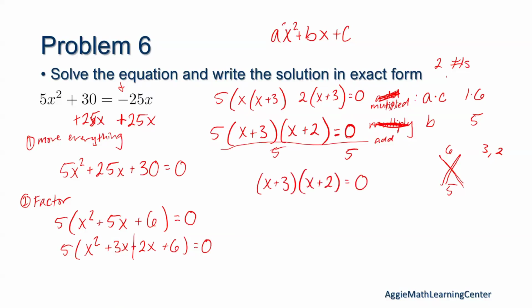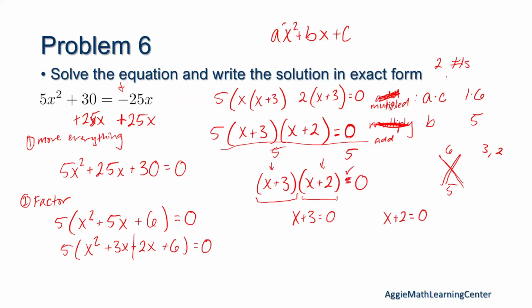If this section was equal to 0, then it wouldn't matter what's in the other one, because 0 times anything is still 0. And the same the other way. So we'll set x plus 3 equal to 0, and x plus 2 equal to 0, because if either of those happens, then this equation will be true.